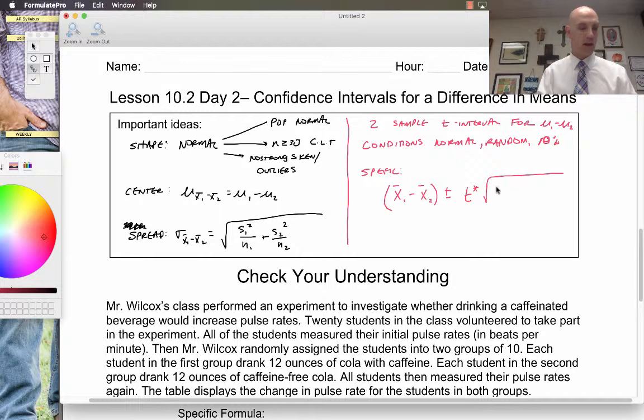And then we're going to take the square root of S sub 1 squared over n1 plus S sub 2 squared over n2. It's exactly what we've done before, right? Now we're just doing it for the difference in means, as opposed to however we've done it in the past, constructing a confidence interval for any given value. So the concept is the same.